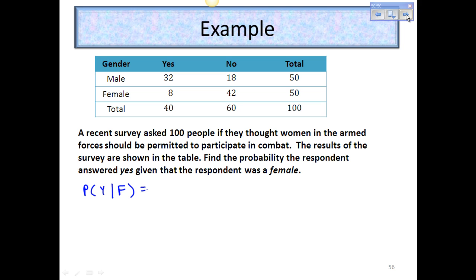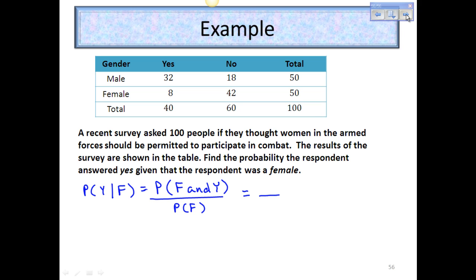So we've written it in the order it is in the problem. Now let's rewrite it for the formula. So the probability of female and a yes answer over the probability of female. So let's go count how many total females we had. That will go in our denominator.